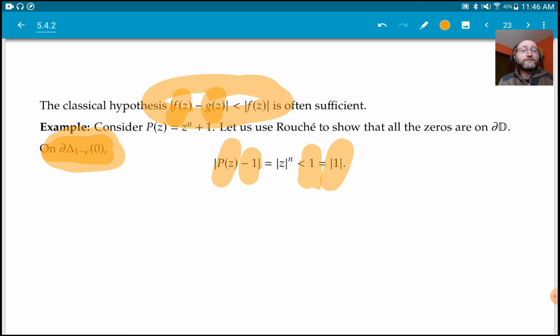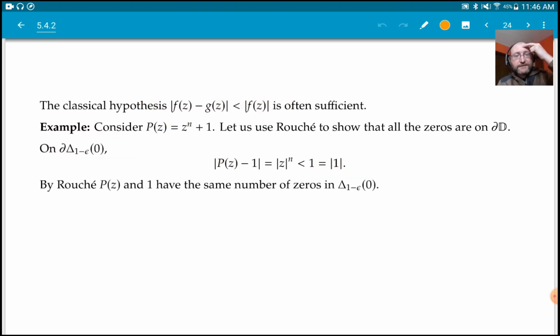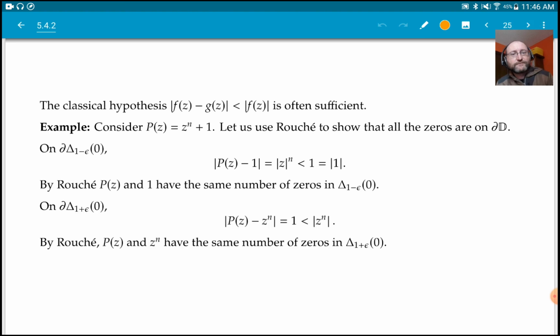And therefore, the number of zeros of the polynomial 1 is the same as the number of zeros of the polynomial p inside this smaller circle, right? So what it says is that, because this is for every epsilon, there are no zeros in the unit disk, right?